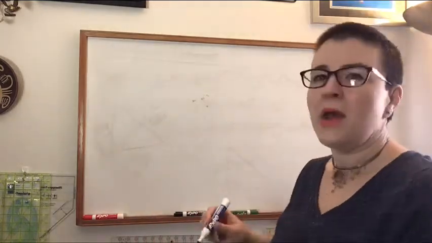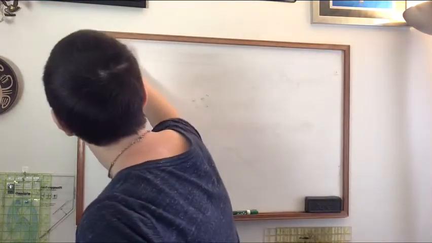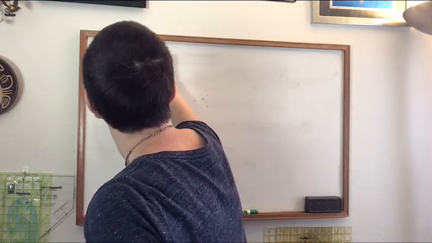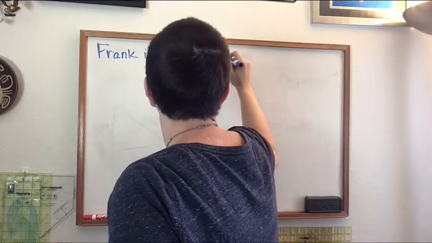So I'm not going to solve it. I might do the setup for it, but let me think. So let's see. We'll say Frank is building a sandbox, a triangular sandbox.